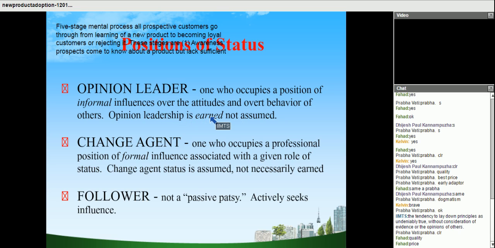Opinion leadership is earned, not assumed. Right? So many people are inspired by these opinion leaders. Change agent, one who occupies the professional position of formal influence associated with a given role of status. A change agent's status is assumed, not necessarily earned. Followers are not passive patsies; they actively seek influence.